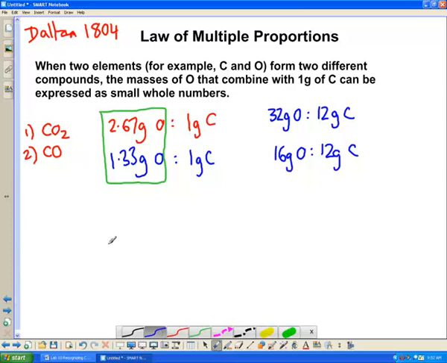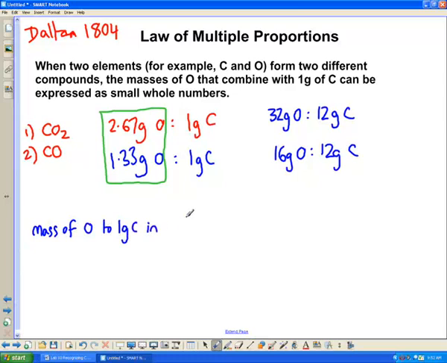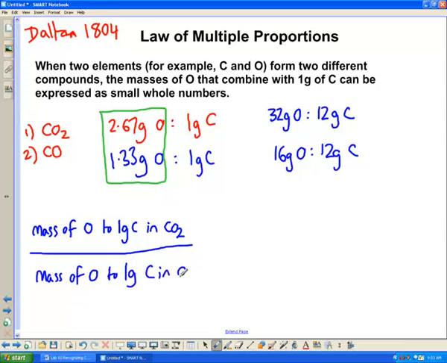Alright, if I just write out the mass of oxygen to 1 gram of carbon in CO2, and then underneath that I put the mass of oxygen to 1 gram of carbon in CO, I know that's 2.67 grams from CO2, it's 1.33 grams for CO, that divided by that gives me 2.